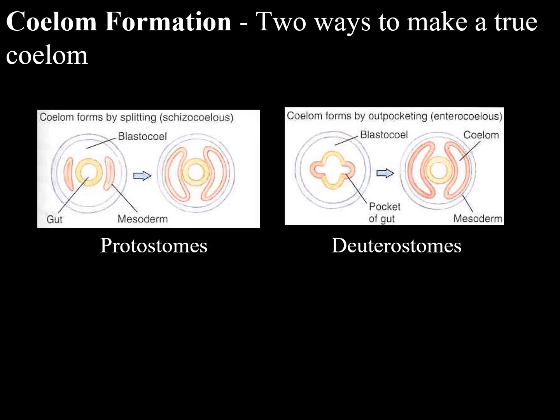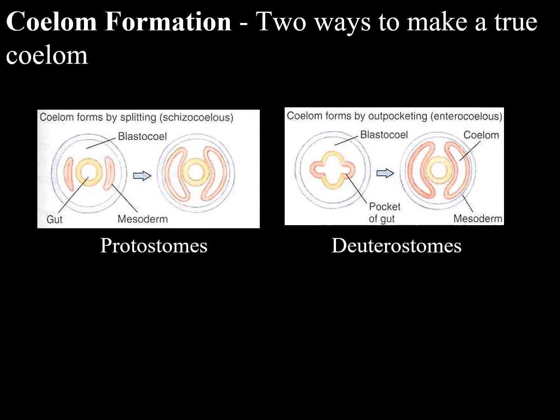Okay, now the actual literal formation of the coelom can happen in one of 2 ways. In protostomes, the mesodermal cells actually split and expand to form the body cavity or the coelom. And if you look at the deuterostome side, the coelom starts forming as an outpocketing of the gut tube.